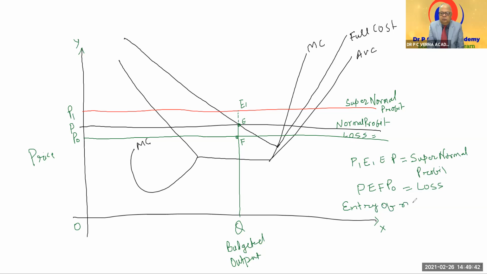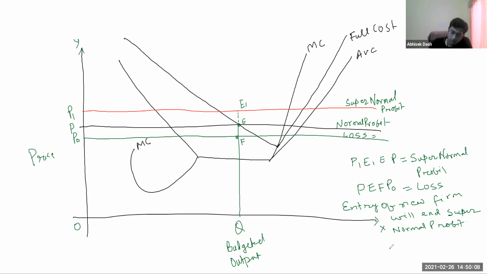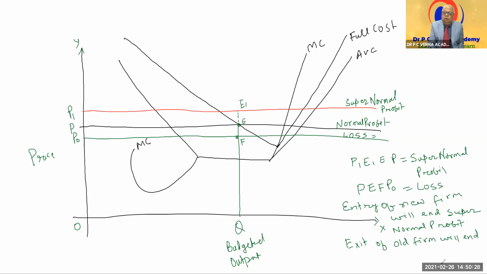Entry of new firms will end supernormal profit. Exit of old firms will end loss.